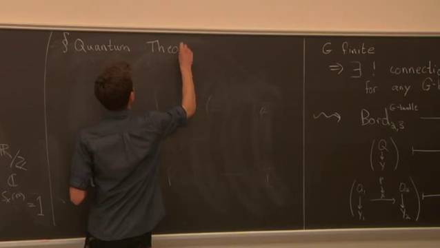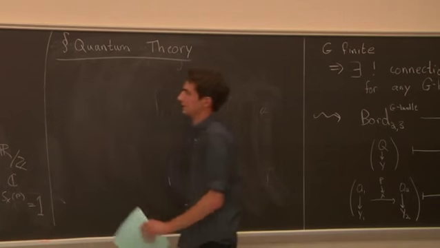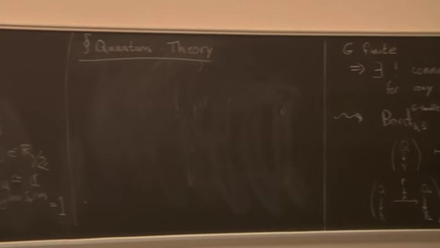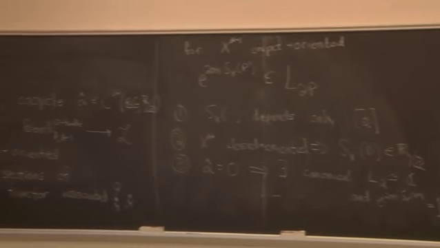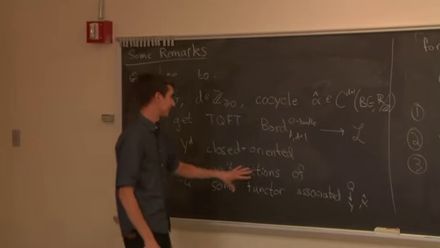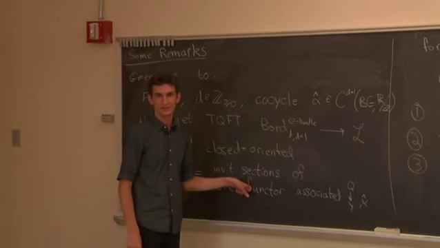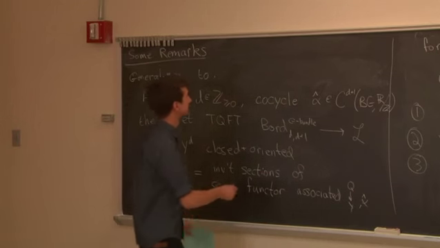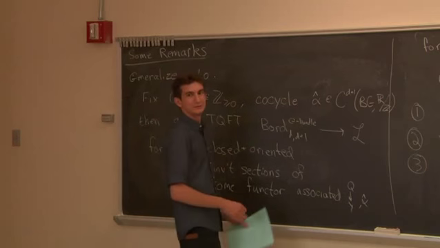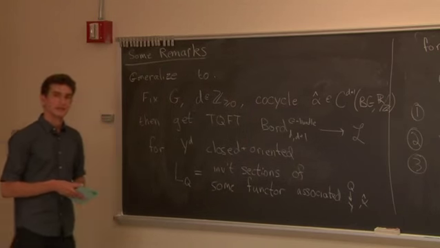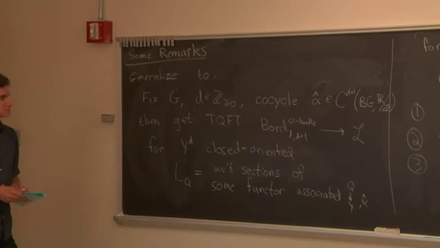So can I just ask, what's the interpretation of this cocycle? I don't really have a good geometric idea for how to think of it. It really comes up very fundamentally in constructing this functor. I'm not exactly sure.